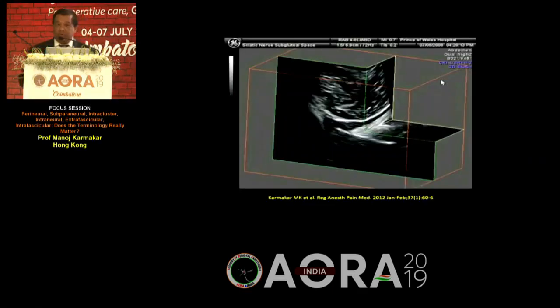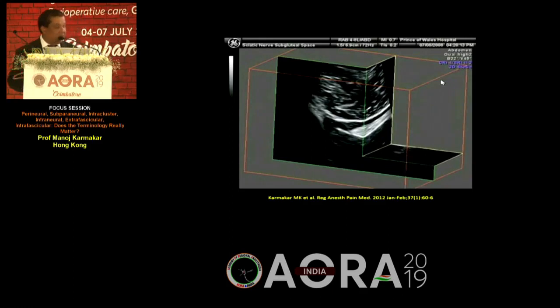Now, this is work we did many years ago, looking at the three-dimensional image of the sciatic nerve in this proximal part.